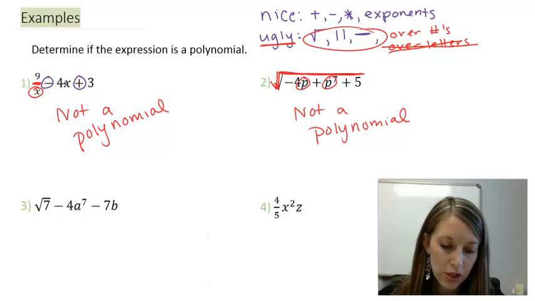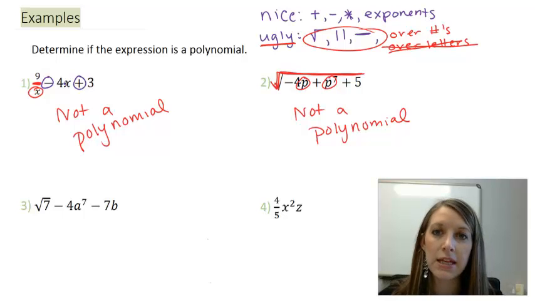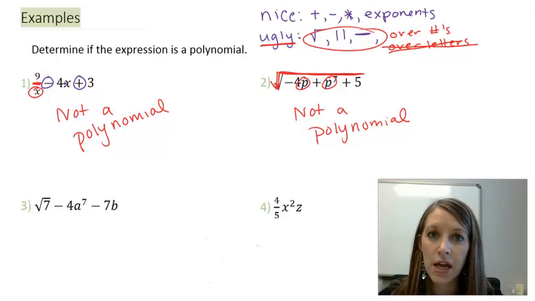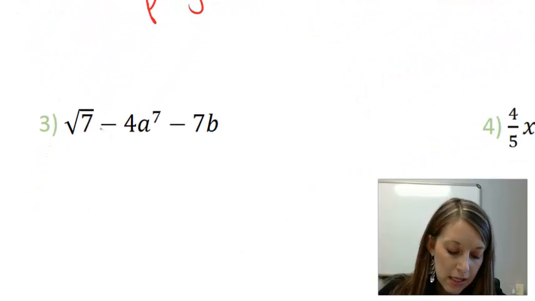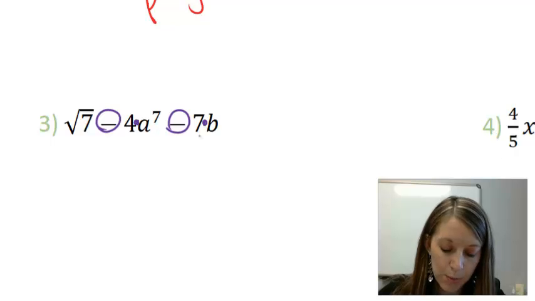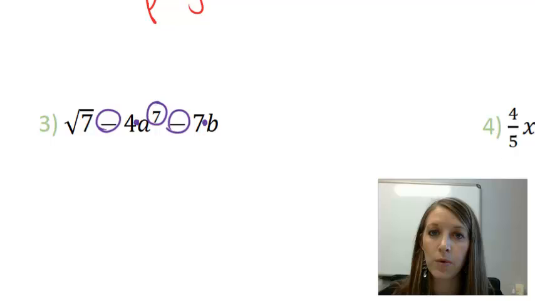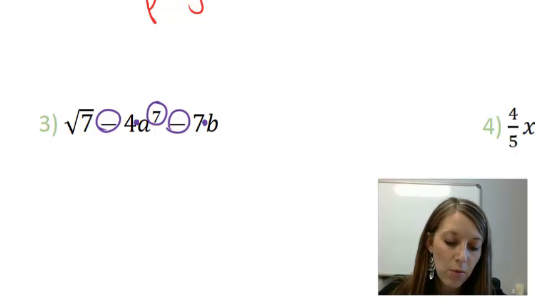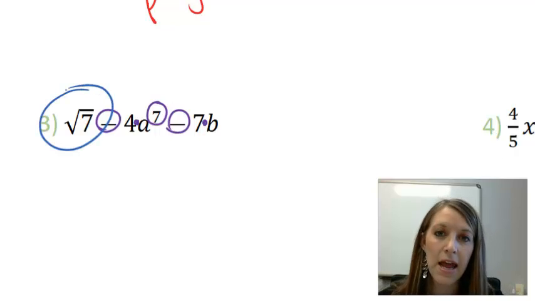All right, let's move on to example 3, and again, let's separate out these nice versus ugly operations. I see that it has subtraction, which is okay. It has multiplication, which is okay. It has a positive exponent, which is okay. But the thing that we might worry about here is that it does have a square root involved.